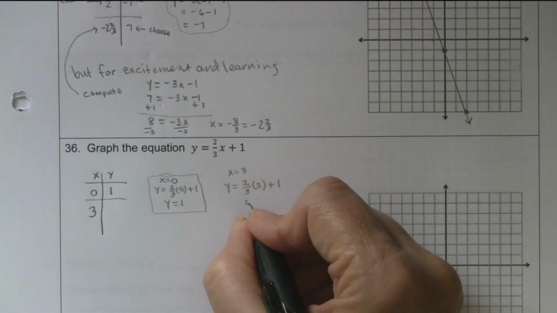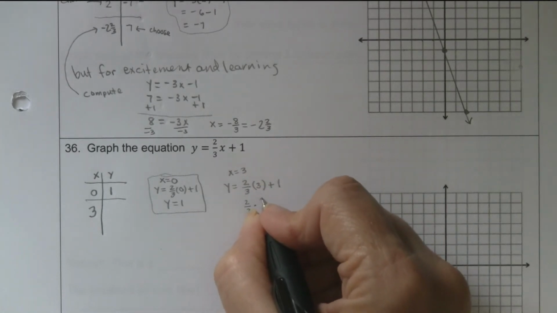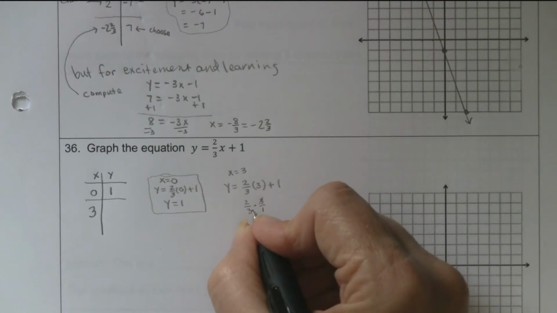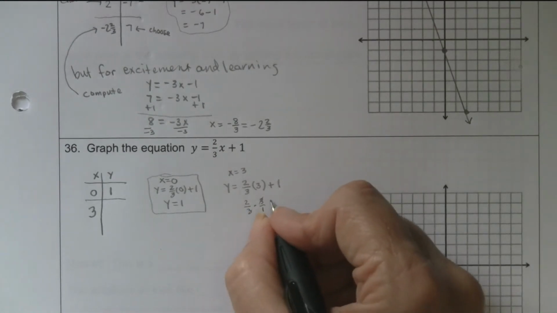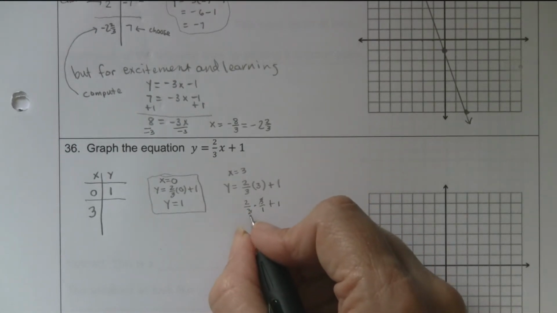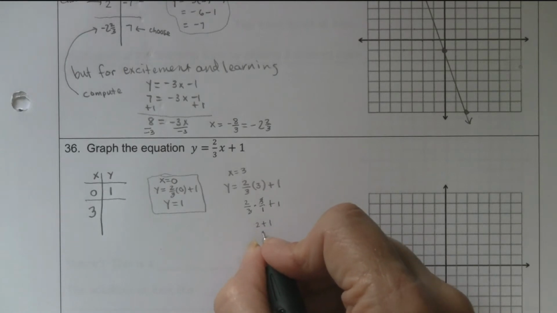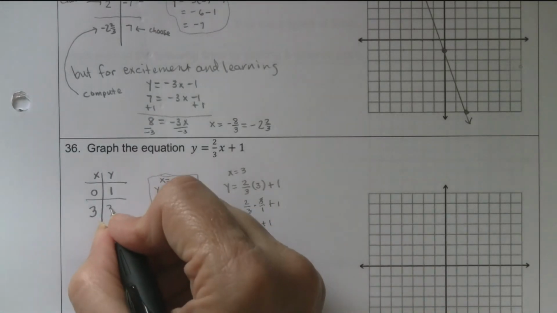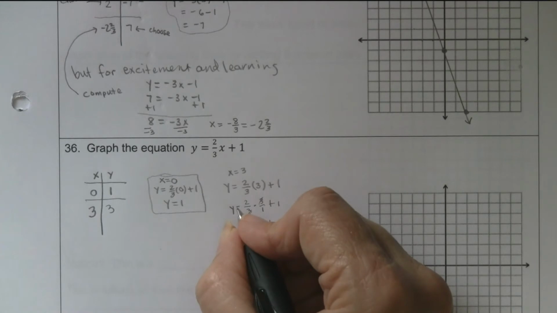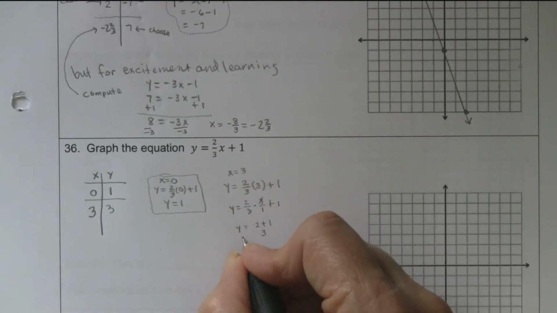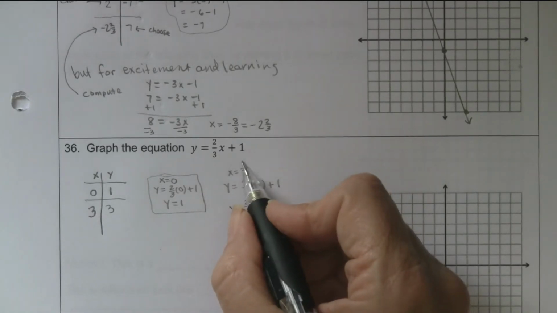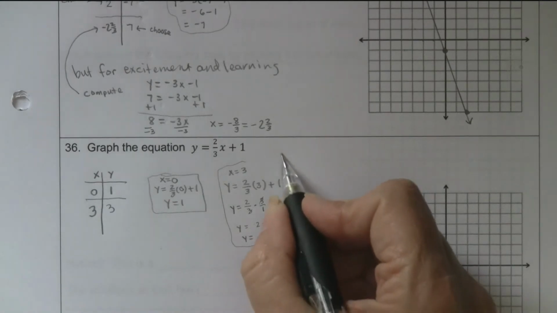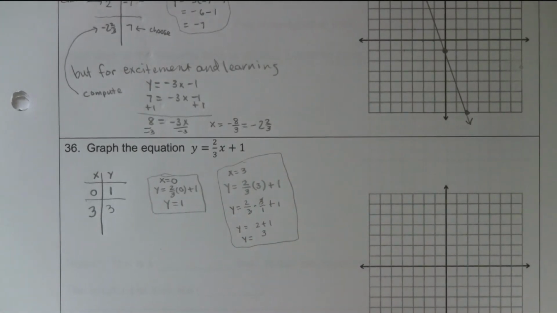And of course this is 2/3 times 3 over 1, right? And the 3's cancel. That's why we chose it, plus 1. So this is 2 plus 1, which is 3, coincidentally 3, for our value of y. And I showed every step. I maybe showed more than every step there.